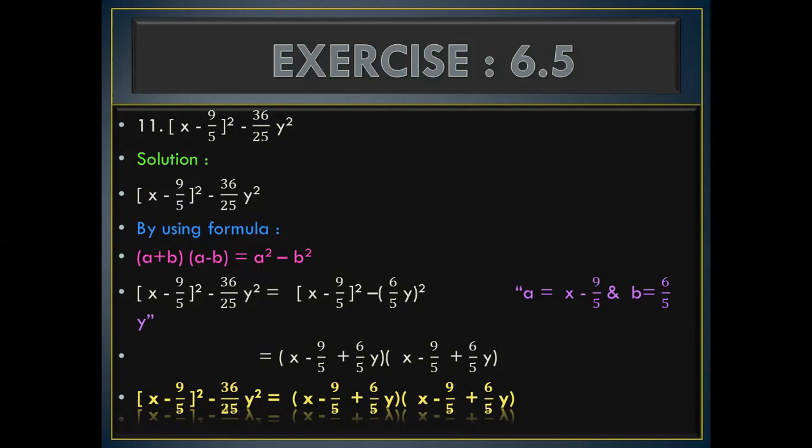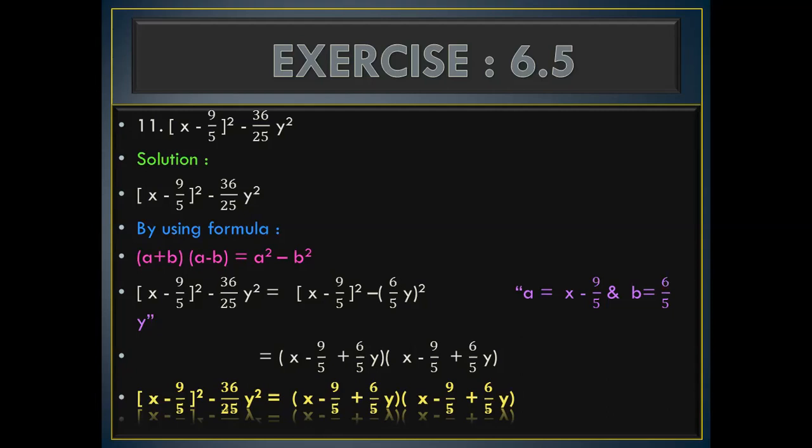Minus 36 over 25. 36 is the square of 6 and 25 is the square of 5. So instead of 36 over 25 y square, we can write (6 over 5 y) whole square. a is x minus 9 by 5 and b is 6 over 5 y.